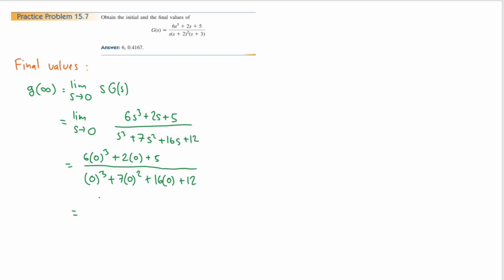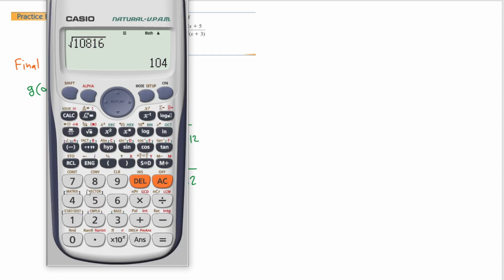We will have 5 divided by 12. Let's convert that to decimal.